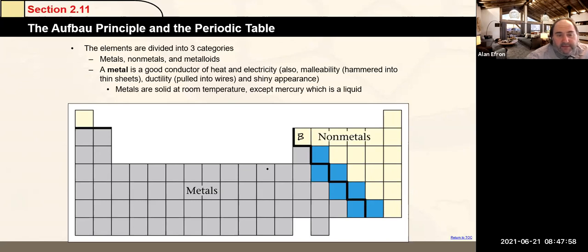Everybody to the left of that staircase is considered a metal. Pretty much everybody to the right and up of the staircase is a non-metal. And our metalloids are pretty much within this staircase.